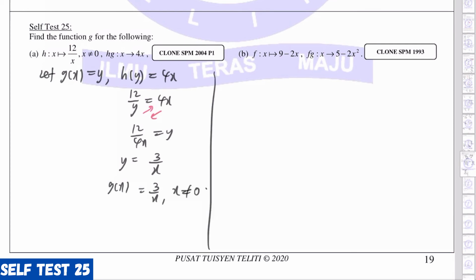Okay, let's look at your part B. Your f(x) is given, f(g(x)) is given, so we let the function inside, g(x), become y. I don't want to write g(x), I'm going to write y here. The result is 5 minus 2x squared. Now remember, your f(x) is 9 minus 2x, your f(y) will be 9 minus 2y.